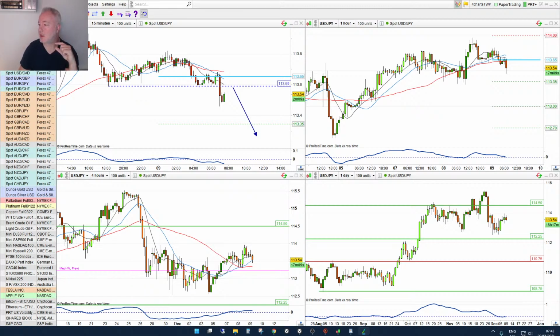Dollar yen, 15 minutes. I'm just going to mark this because I think there might be some shorting opportunities there. Okay. Give me a second.